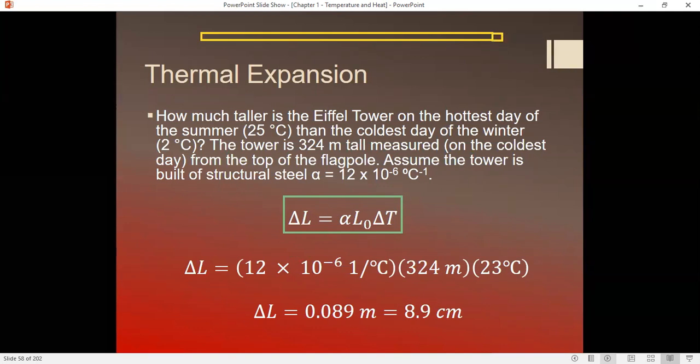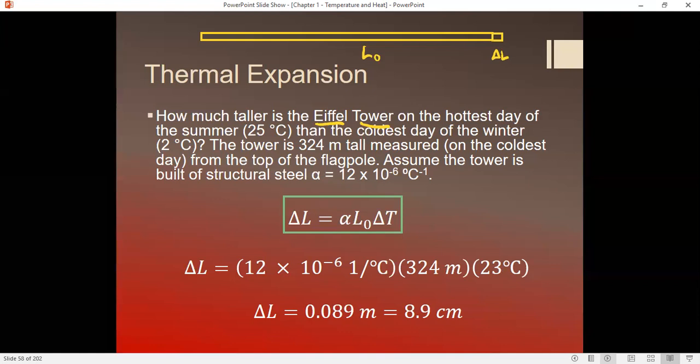Here's our L0. Here's our delta L, how much longer they're going to become as we change the temperature. So we're going to use a very tall object, the Eiffel Tower. And the question is, how much taller is the Eiffel Tower on a day where it's 25 degrees Celsius compared to the coldest day where it's 2 degrees Celsius? In Paris, I guess the temperatures don't change very much.